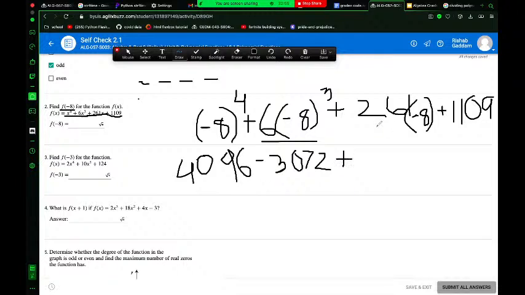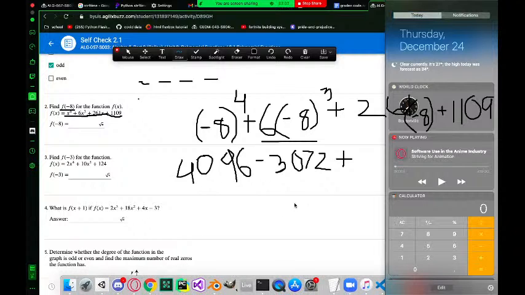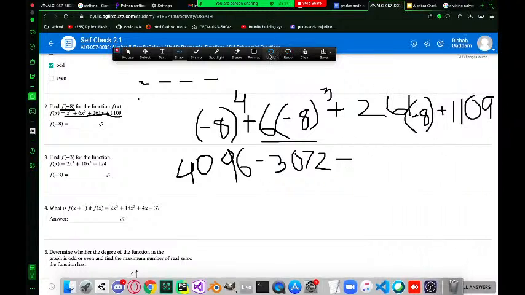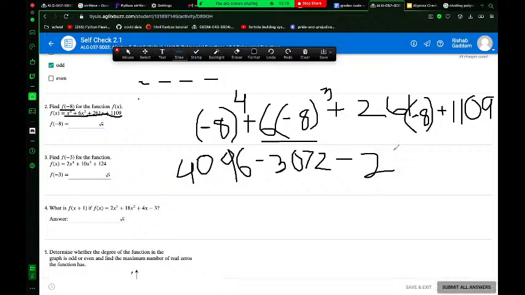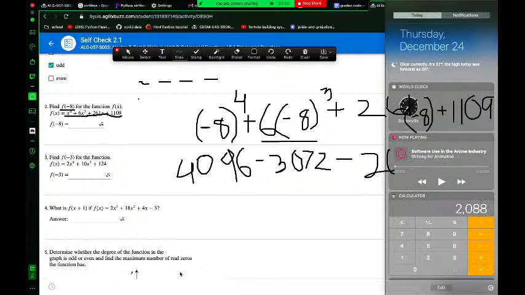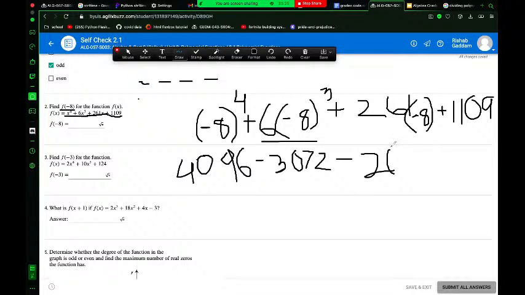And you have plus. So now you have 261 times negative 8. So let's calculate that. 261 times 8 is 2088, but it's going to be a negative. So it's negative 2088, and you have plus 1109.